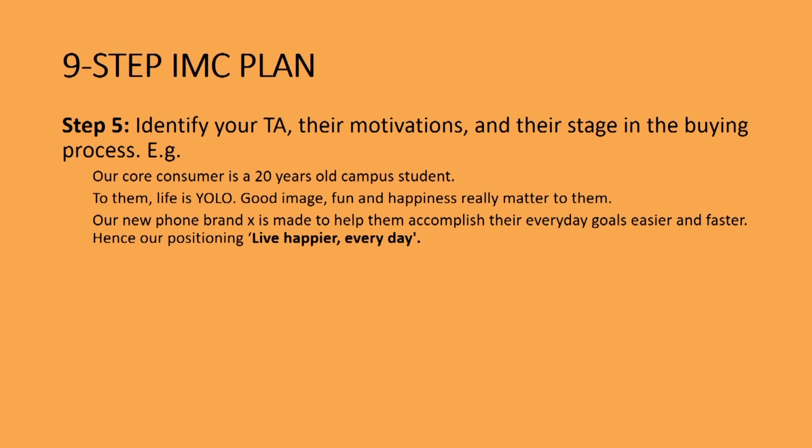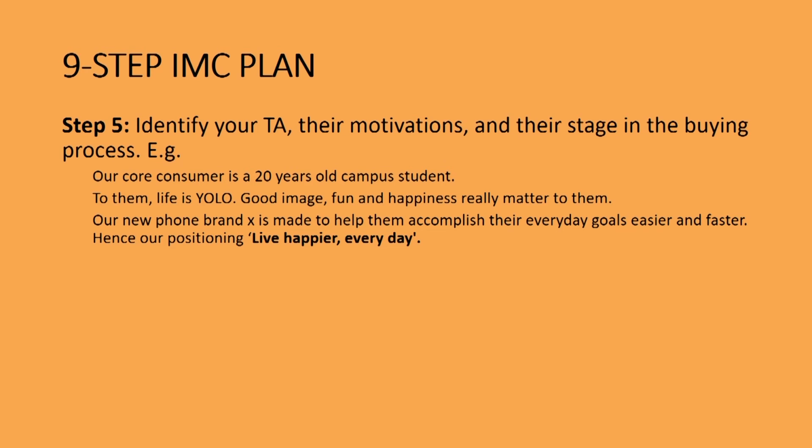So if your target audience is 20-year-old campus students, you may want to understand what these people want in a phone. For instance, when they're buying a phone, what is their motivation? Are they concerned about the utility of the phone, or are they concerned about the features that that particular phone can give? They're concerned about battery life, stuff like that.